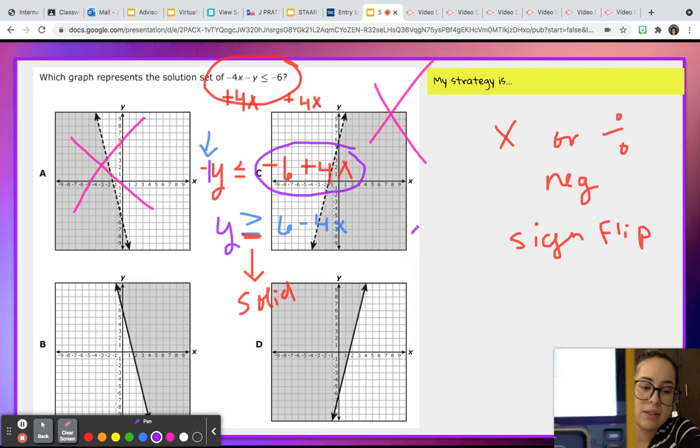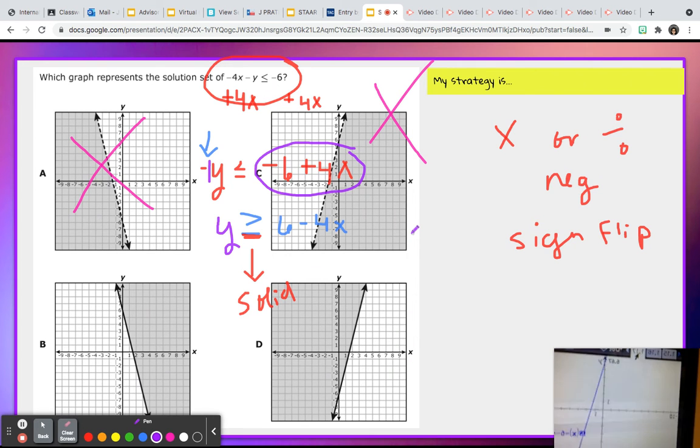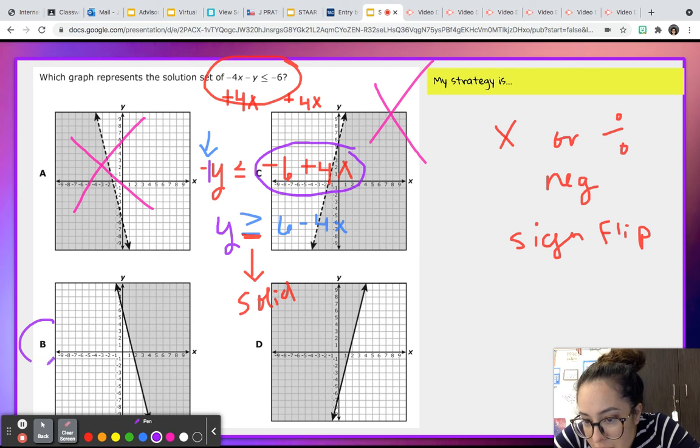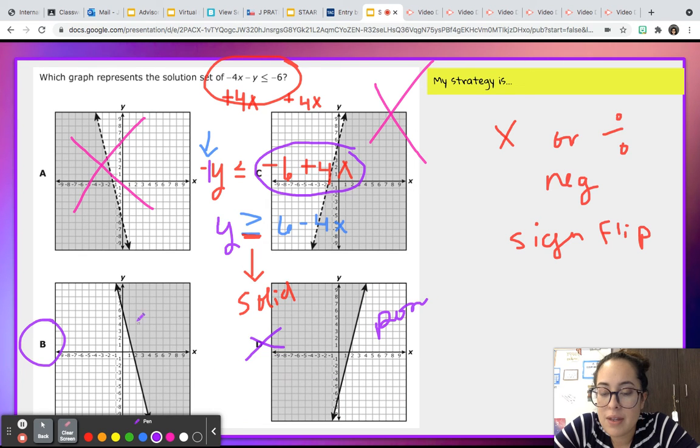And you see that? Y equals 6 minus 4x gave me a negative slope. So in other words, it has to be B. It cannot be D because this has a positive slope. This is correct because it has a solid line. Also, it is a negative slope.